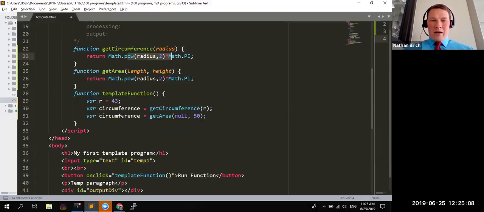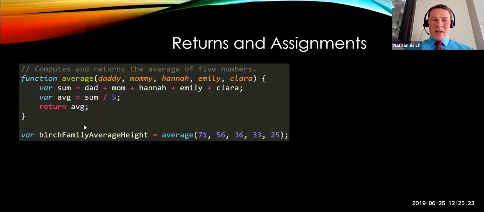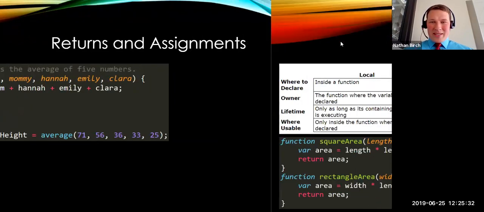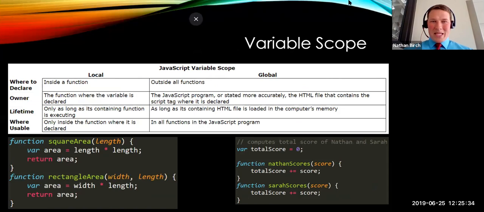If I go back here, the circumference would be a local variable to this function, even though it called these functions to get that circumference. Okay, but these would still be local, whereas this would be global because it's outside of the function. Great question, Lena. Any other questions up to this point?